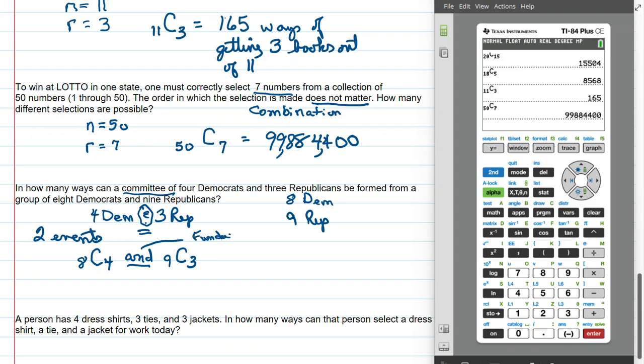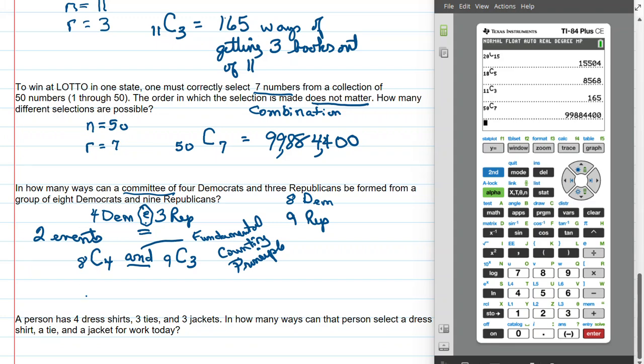And the counting principle tells us that if I have 2 independent sets, and I want to know how many combinations we can make, we're going to multiply. That's m times n. So what I'm going to have is 8, choose 4, times 9, choose 3.